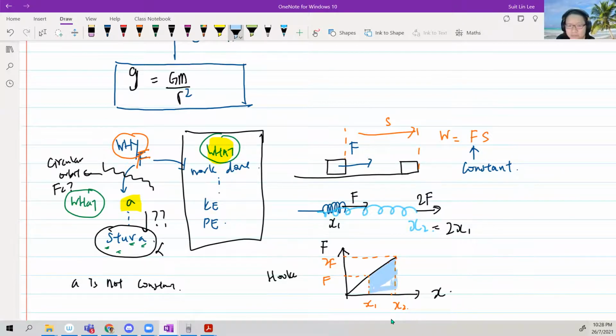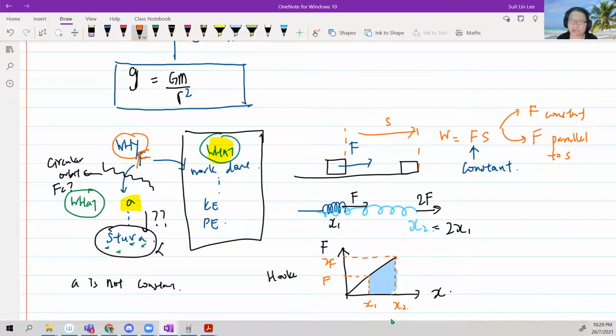So although we told you that it's F against S, this one is hinged on the fact that they are both constant, and you got condition one. Not only F has to be constant, F has also to be parallel to S. And if it's not parallel, we bring out our vector resolution skills to make it parallel or take the parallel component.